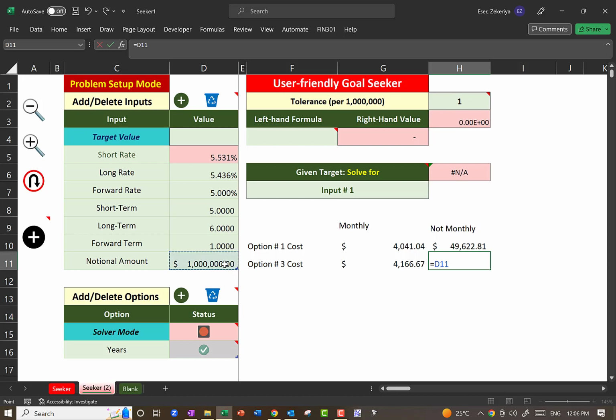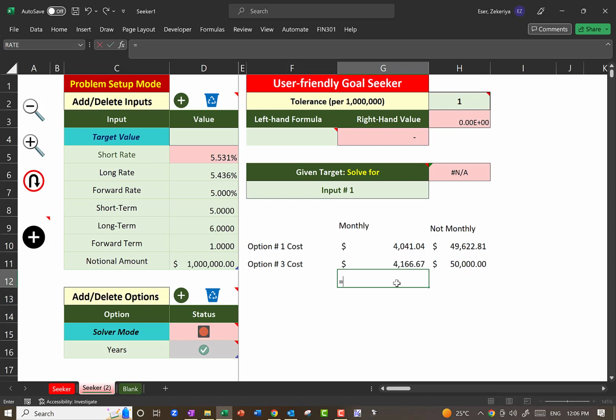I mean, I could have done everything I did in that cell, but this kind of makes it cleaner. So here's what I'm going to do. I'm going to say if this thing is greater than 0, that means we're doing years.